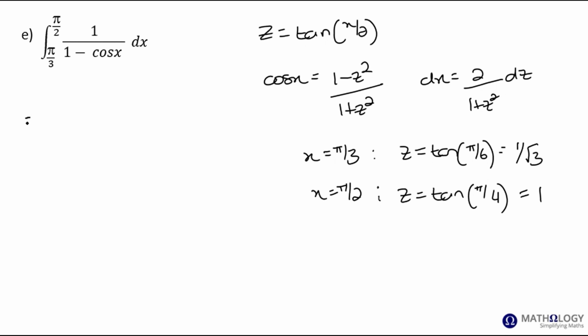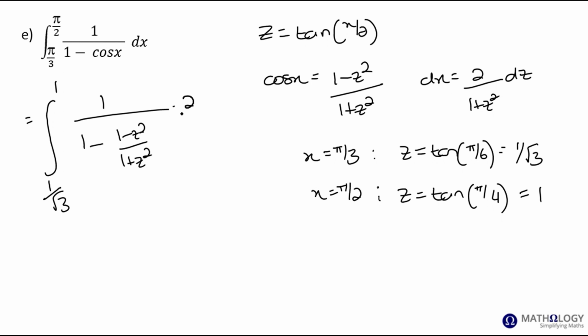So the limit of integration will be from 1 over root 3 to 1, and the integral becomes 1 over 1 minus z squared over 1 plus z squared. Dx is 2 over 1 plus z squared dz.